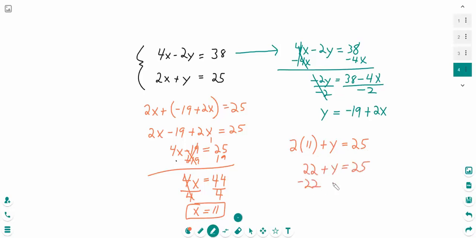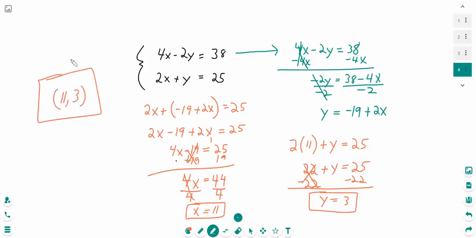We subtract. This should be just becoming a habit now. You should be able to do these in your sleep. 25 minus 22 is 3, so we end up with y is equal to 3. So our final ordered pair solution is 11, 3. There we go. That would be the answer to this system of equations.